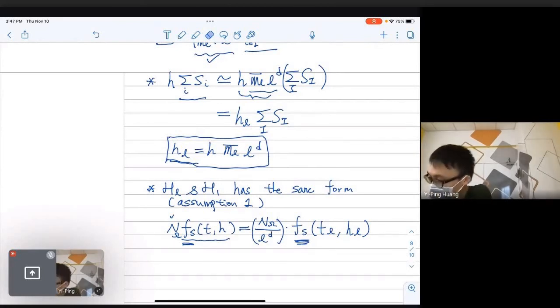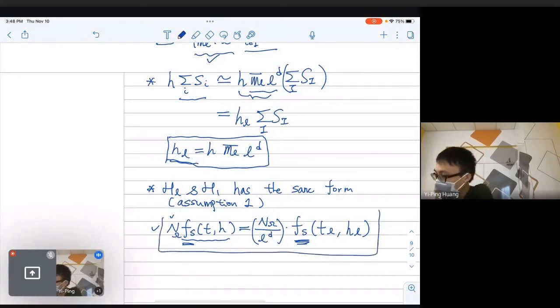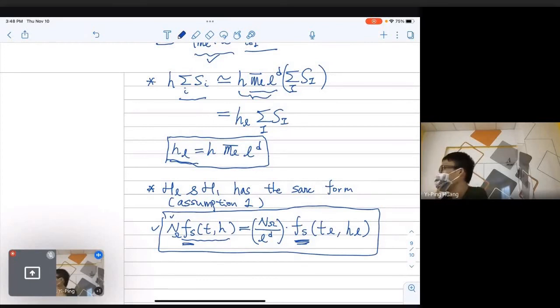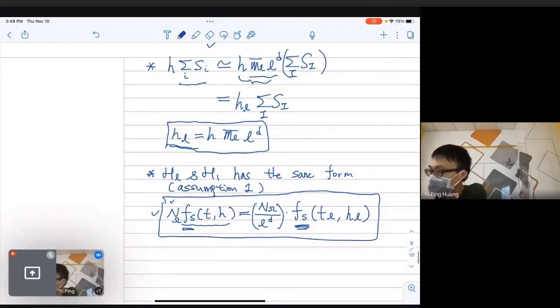That's how we get this relation, because we also mentioned that to some extent we are just trying to sum over our partition function in a different manner. So the singular part of the free energy should still be the same. And this equality basically identifies the singular part of the free energy for the model before we do the block spin transformation, and the model after we do the block spin transformation.